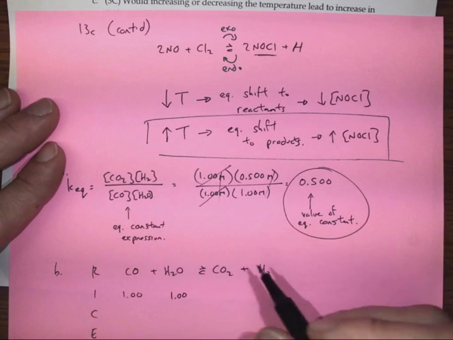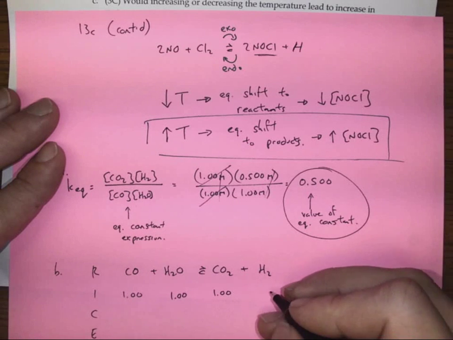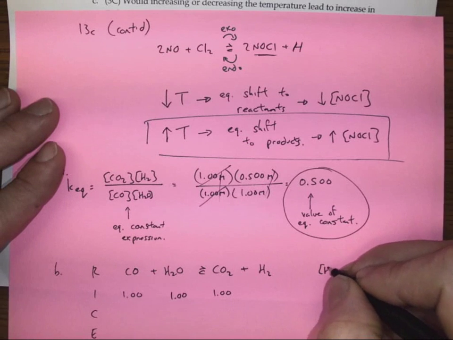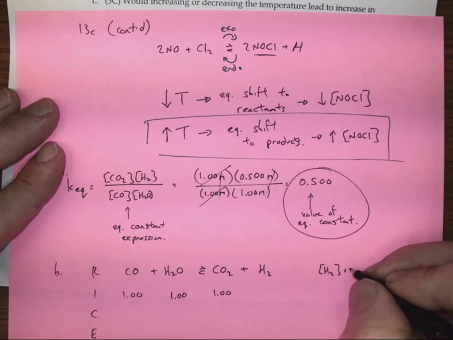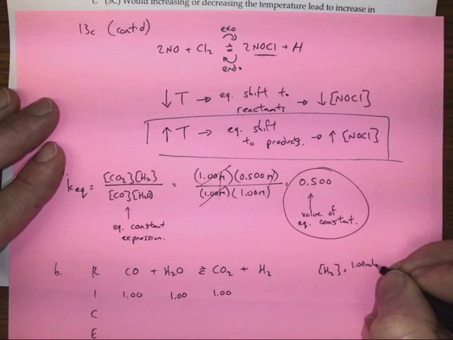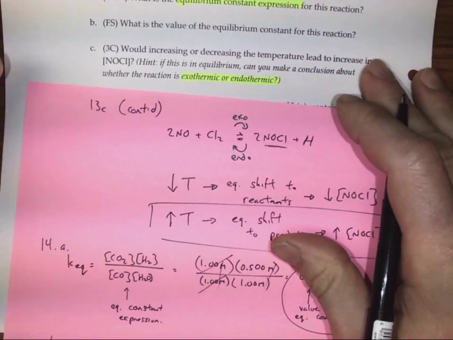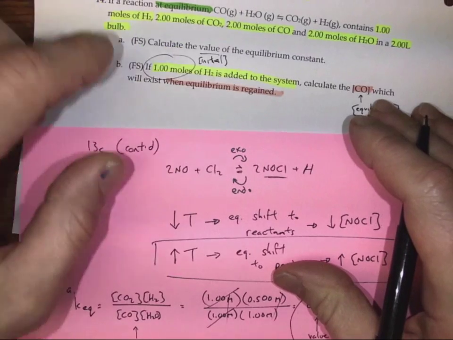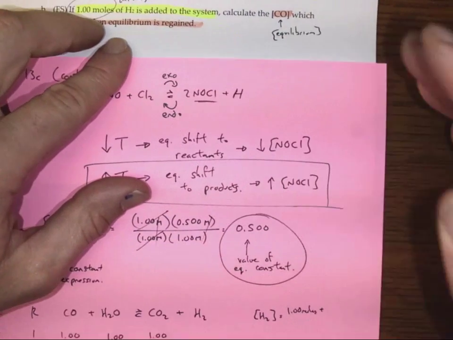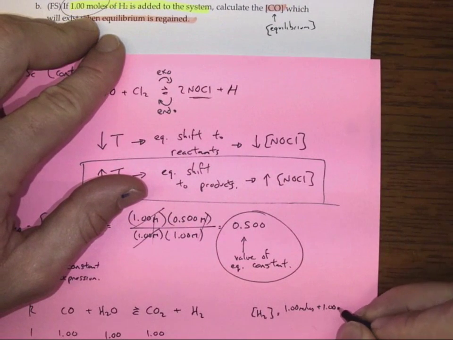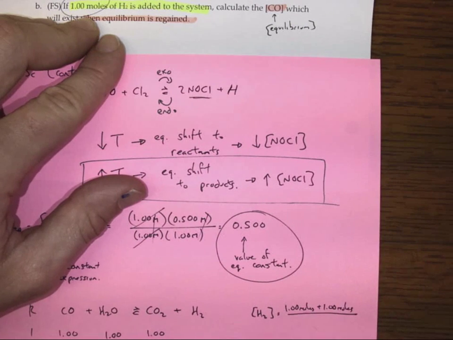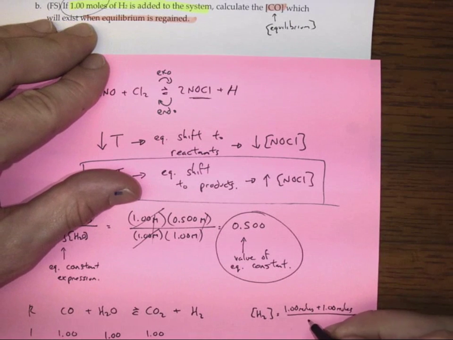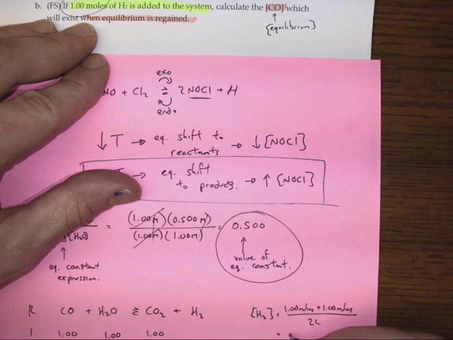For carbon dioxide, it was 1.00. And for H2 concentration, that's going to be our original 1.00 moles plus our new 1.00 moles all over our volume, which is 2 liters, which is going to give us 1 molar.